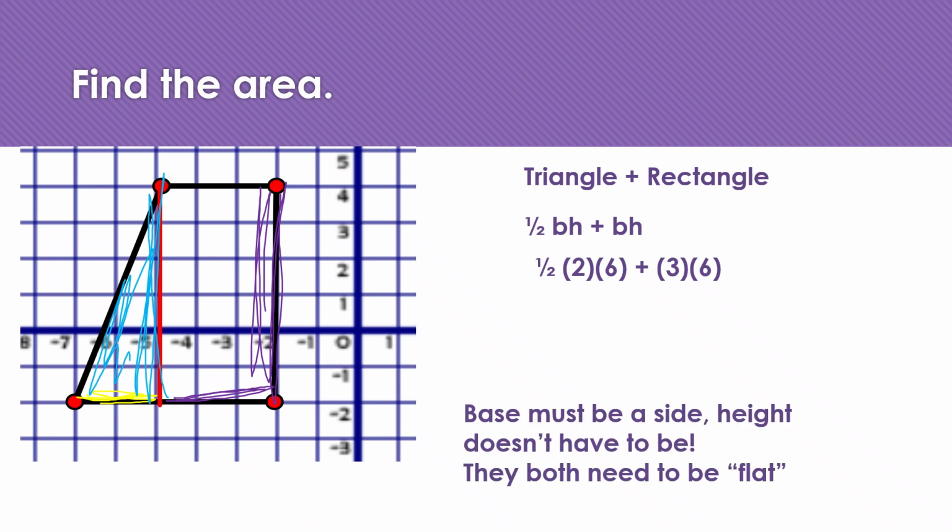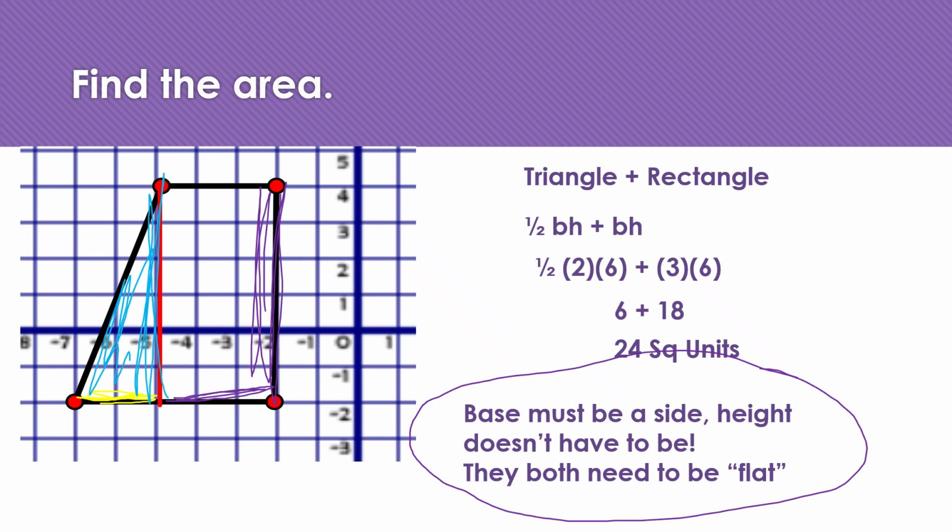So then you can type this all into your calculator, and that will get you your answer. So your answer should be 6 plus 18, which equals 24. But you need to remember the base must be a side, and the height doesn't have to be. They both can be flat. So as you could see, the height of the triangle is flat, so it doesn't need to be a side.